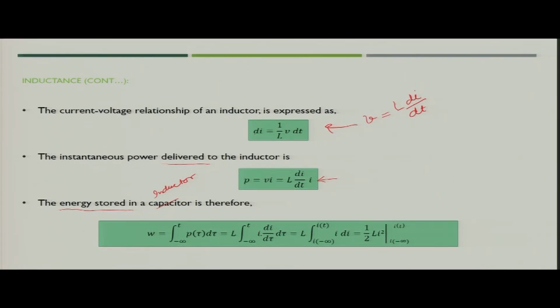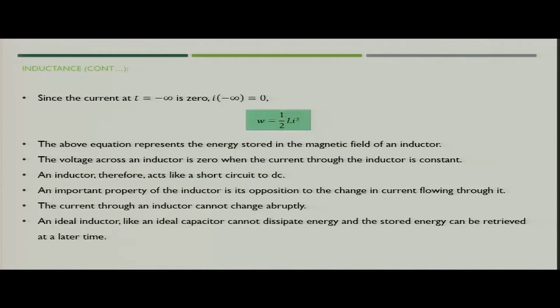So, that will become L I di by d tau, and if you integrate you will get half L I square, and the current limits are from minus infinity to any time t. Now, at the initial condition we assume that at t equal to minus infinity the value of current is 0. So, finally, what do we get? We get the total energy stored is half L I square.